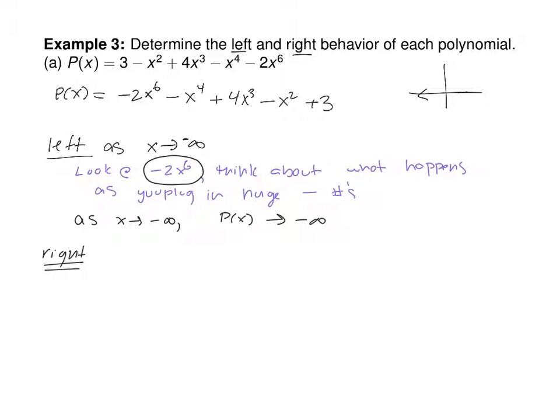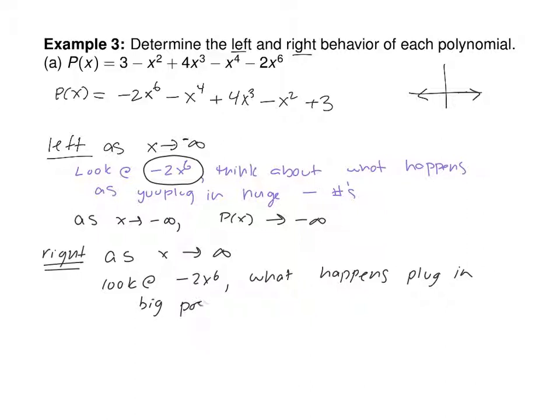And for the right end behavior, that's as x goes in the other direction. So that's as x goes where? To positive infinity, not to negative infinity. Okay, and then still look at the negative 2x to the sixth. What happens when you plug in big positive numbers?